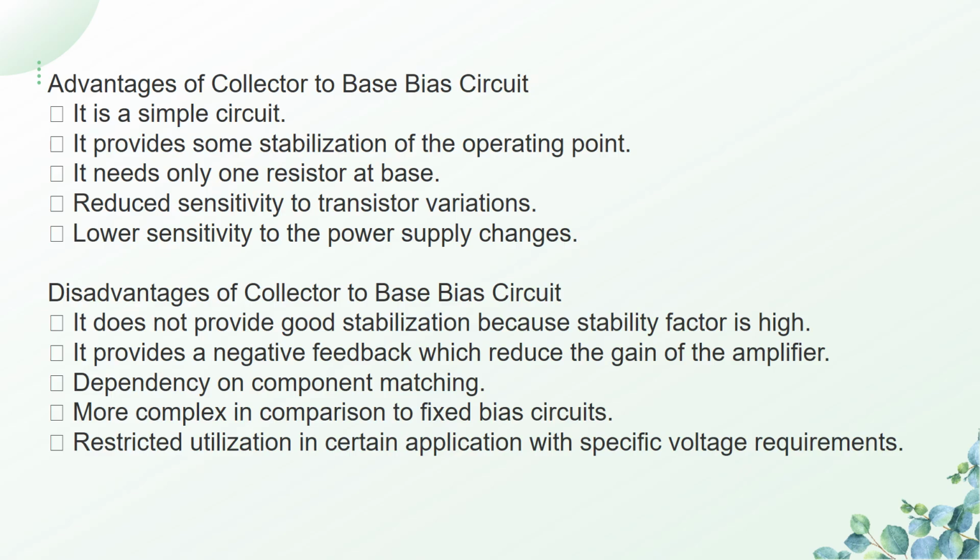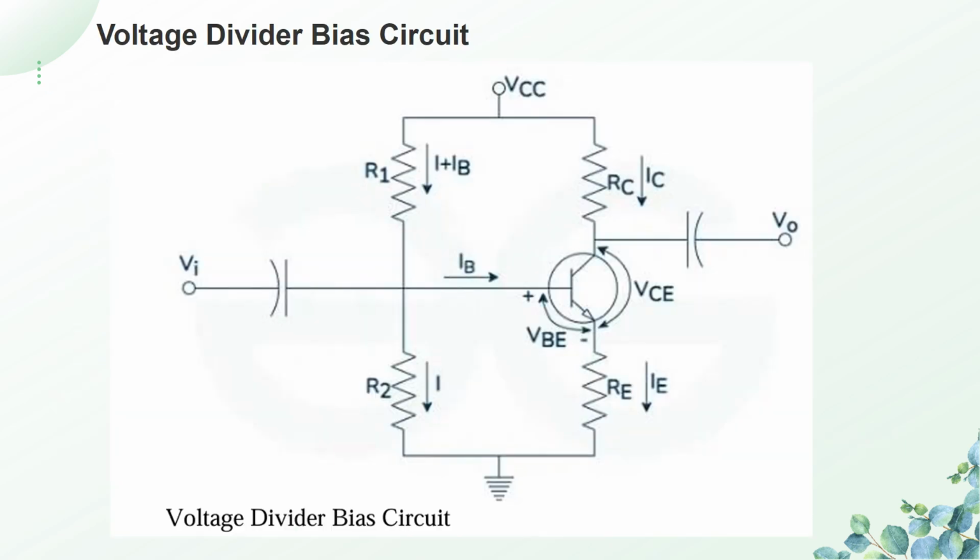The design of the collector to base bias circuit is complex when compared to the fixed bias circuit, and it is restricted to utilization in certain applications like transformer coupled circuits. To avoid these drawbacks, we have to go for another method of biasing, which is self bias or voltage divider bias circuit, the most commonly used biasing method.